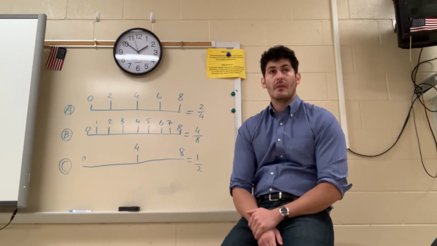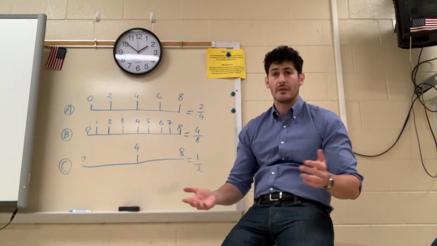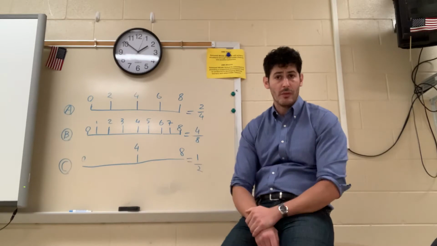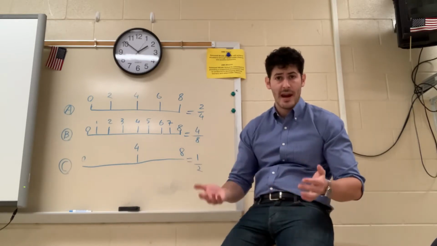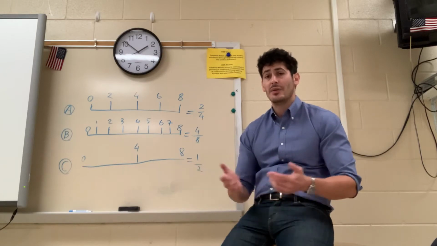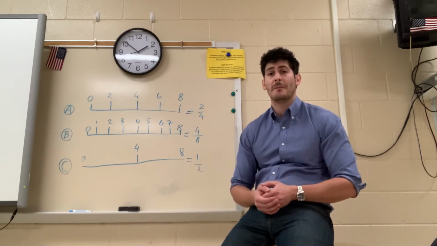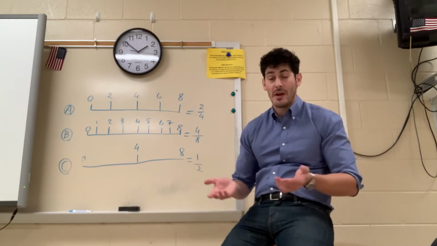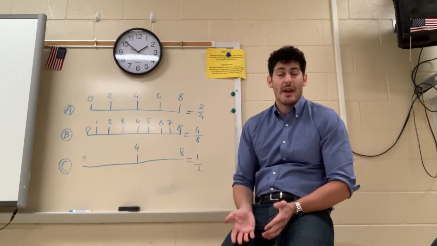So, for example, I'm sure you heard this from your teacher before. 1/2 is equivalent to 2/4, and 2/4 is equivalent to 4/8, for example, right? Now the question is, why do we say they have the same value if obviously they look different? 2/4 is not the same number as 1/2, right?